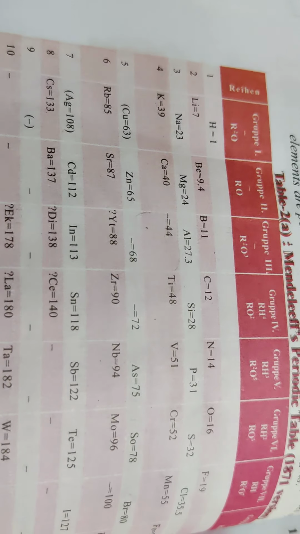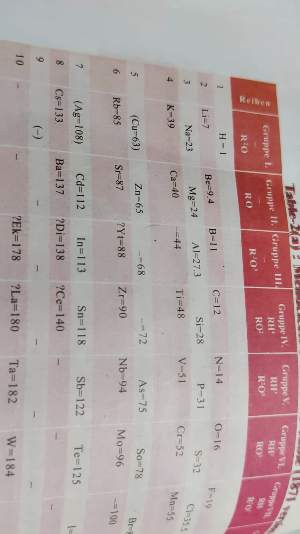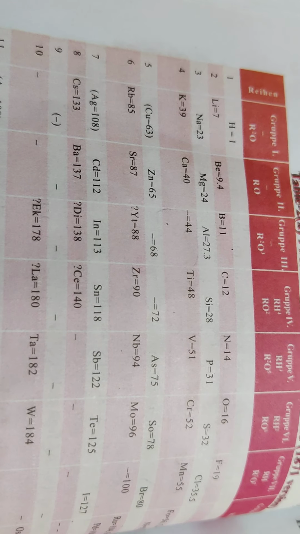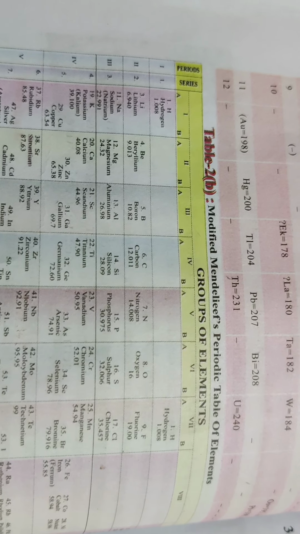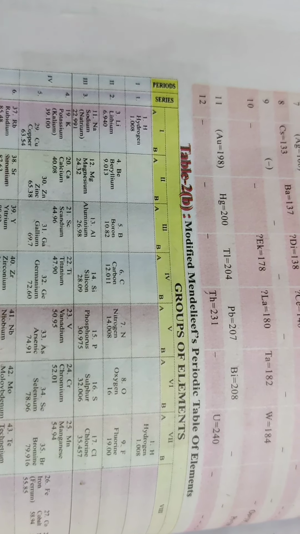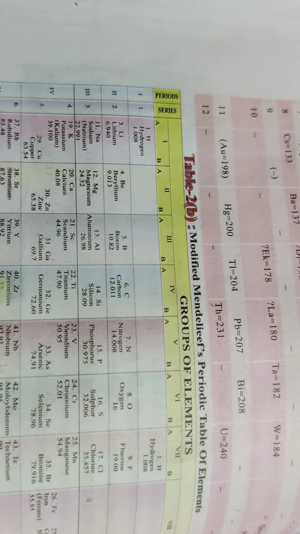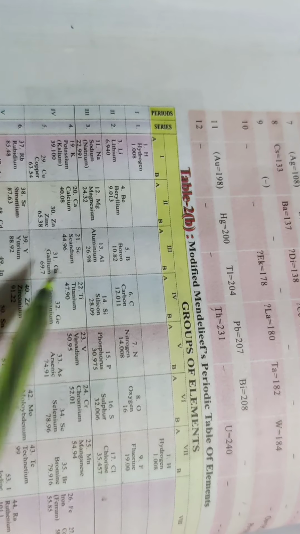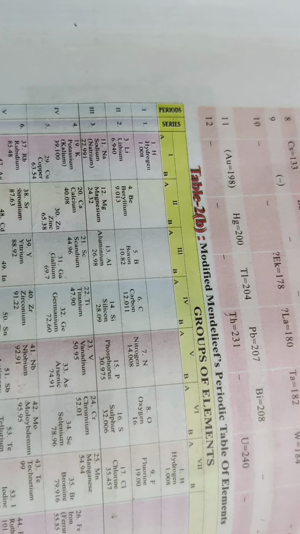The elements in the same group have the same chemical properties. The elements arranged in the periods have dissimilar properties. So the horizontal rows have elements with dissimilar properties, while the elements arranged in the vertical columns, the groups, have the same chemical properties.